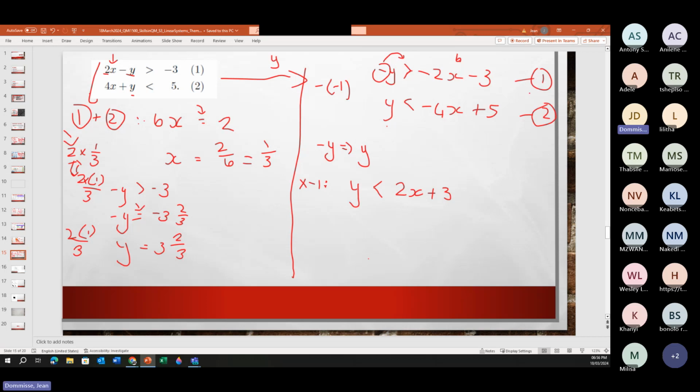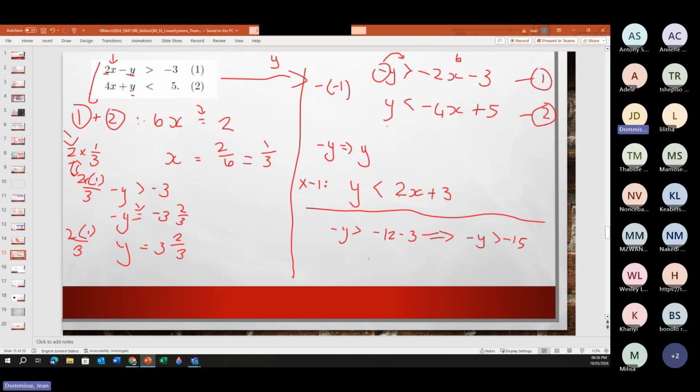In this original one, bigger than, so -12 -3, so that would have been minus y is bigger than -15.